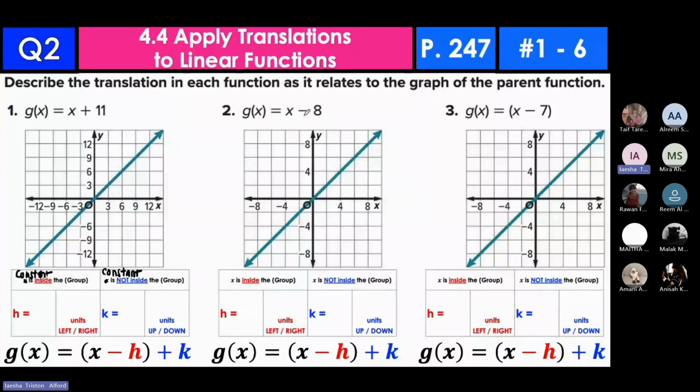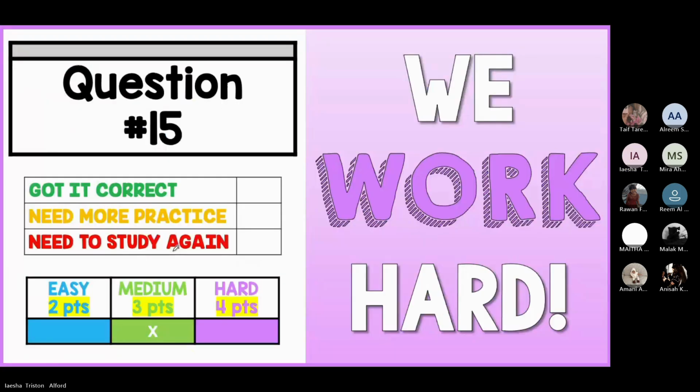Here's the equation. You should be able to say the movement. Is the line going to move up, down, left, right, or both? This is question number 15, and I put it as medium because if you forget about the part with h, it might be tricky for you.